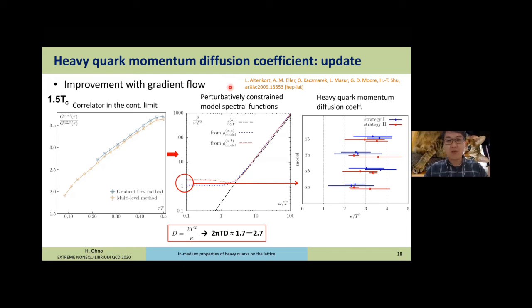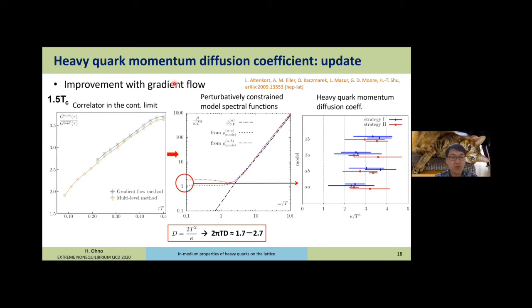Unfortunately, I'm no longer a member of this study, but some of my collaborators continued this kind of calculation, and they updated our old study by using the gradient flow.